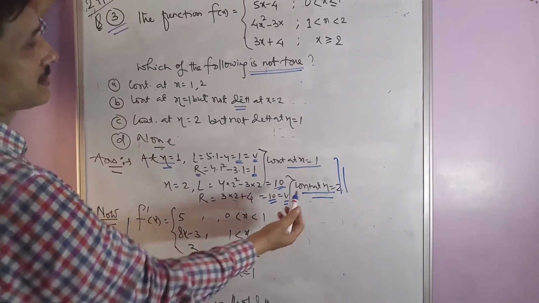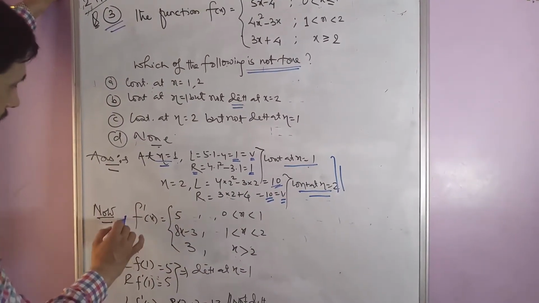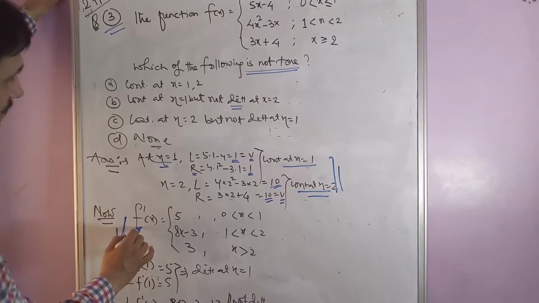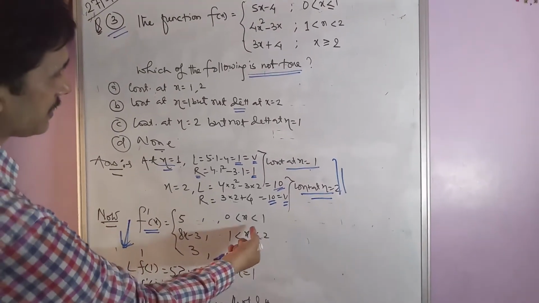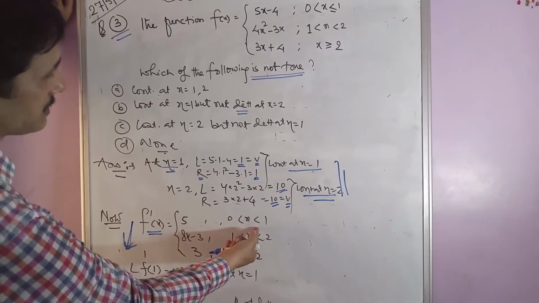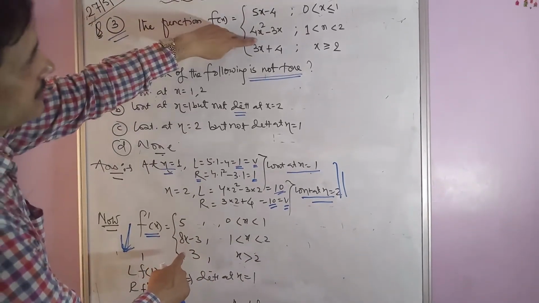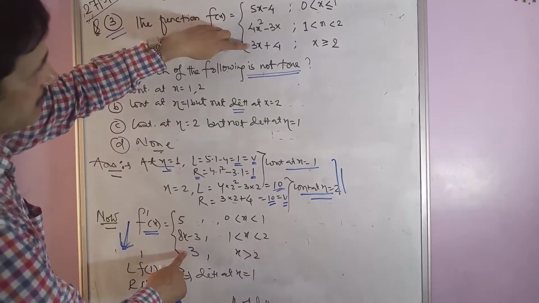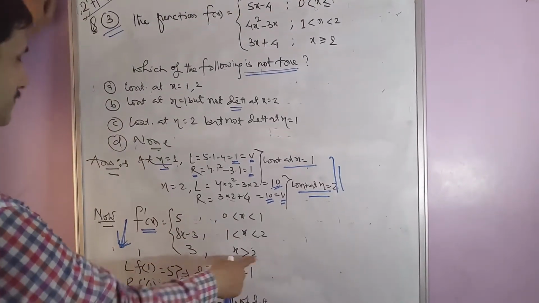Here the function is continuous at 1 and 2, so we go through this method, differentiating both sides. f dash x is 5 here. We remove the equality sign on the change points, so 8x minus 3 and here 3, on the intervals 0 to 1, 1 to 2 and 2 onwards.